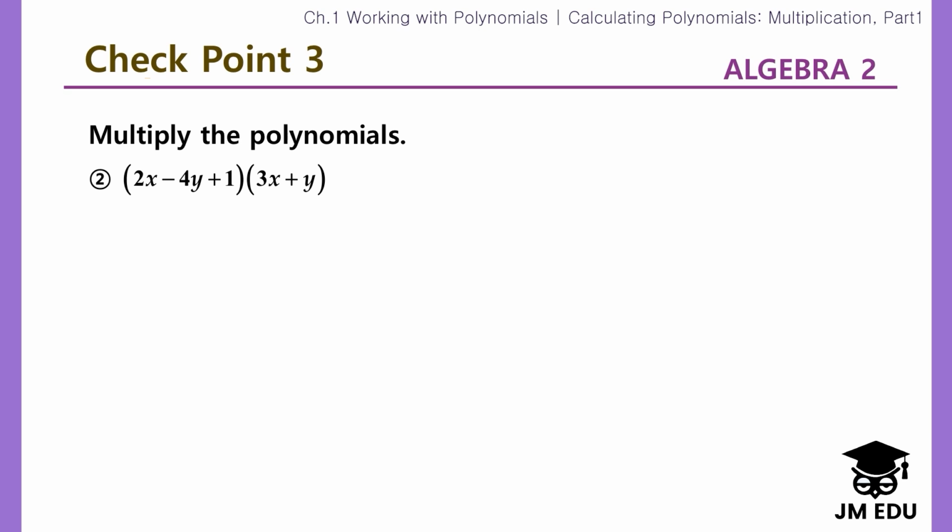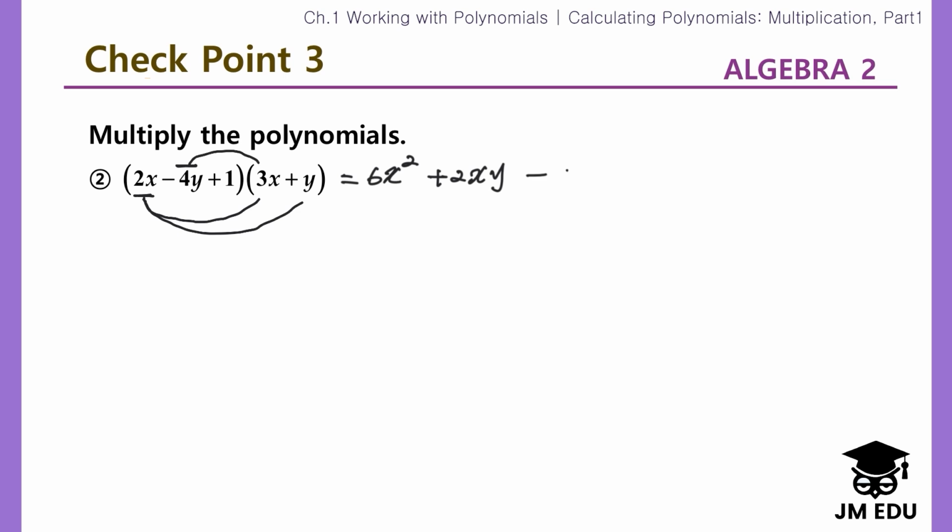Number 2, this time we have trinomial times binomial. Starting from the first term, 2x times 3x, that's going to be 6, x times x is x squared. 2x times y, that's going to be 2xy. Now, negative 4y times 3x.